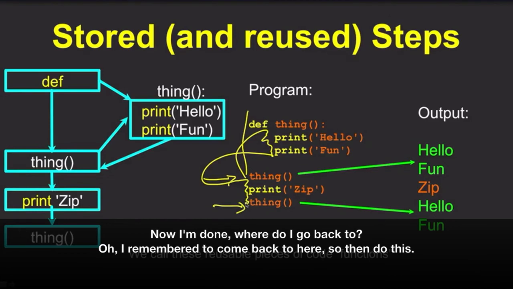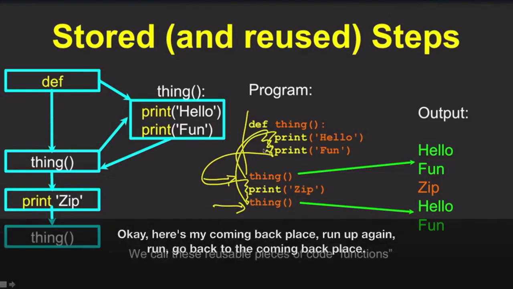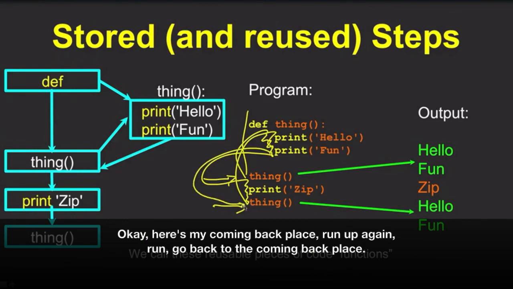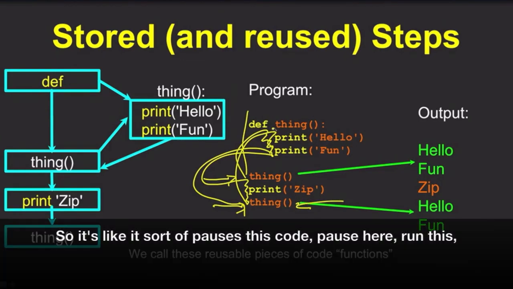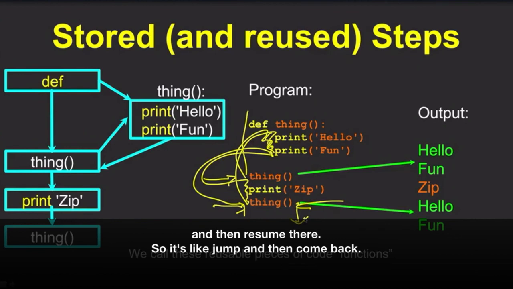Now I remember to come back here and then do this. Okay, here is my coming back place. Go back to the coming back place. So it's sort of like pause this code, pause here, run this, and then resume there. So it's like a jump and then come back.